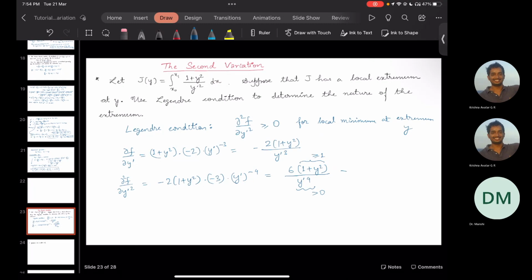So effectively this term is always greater than 0. Then this means that J(y) has a local minimum at the extremum y.